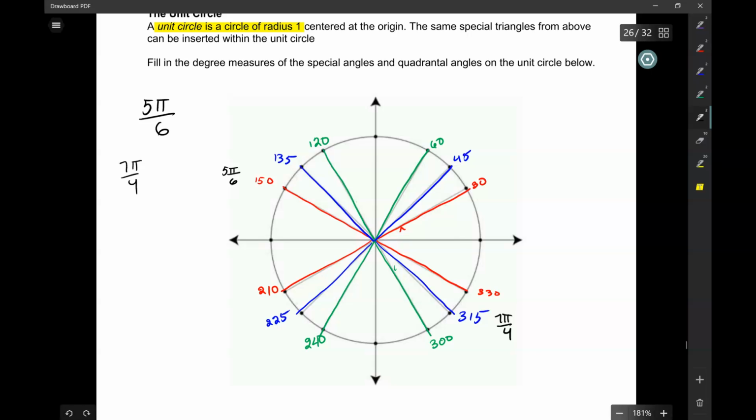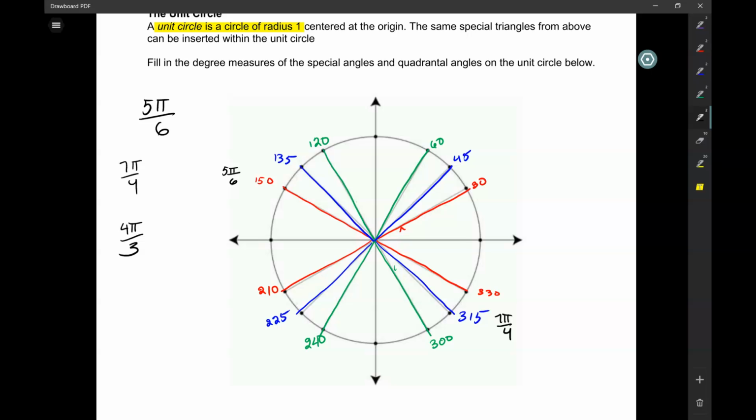So, how about 4 pi over 3? Yep, Jason. Okay, so pi over 3 is green. Let's listen up. Pi over 3 is green. And so we've got 1 pi over 3, 2 pi over 3, okay, 3 pi over 3.